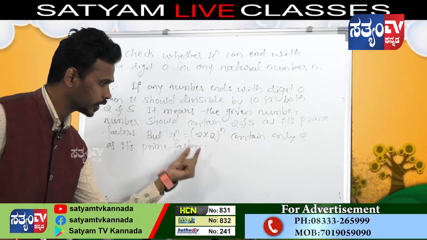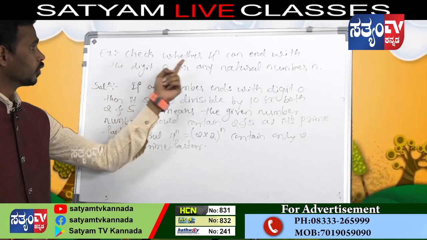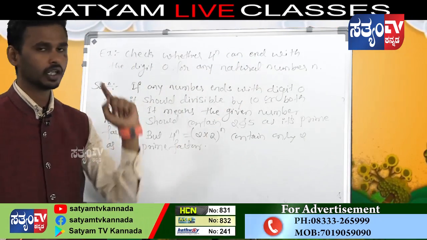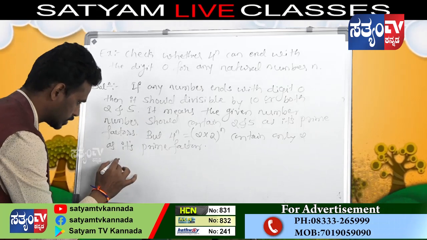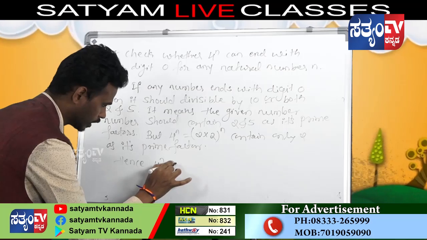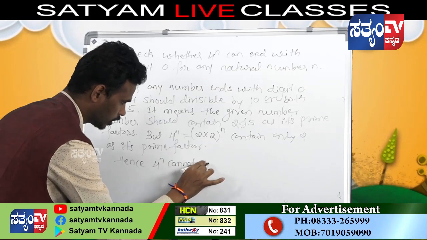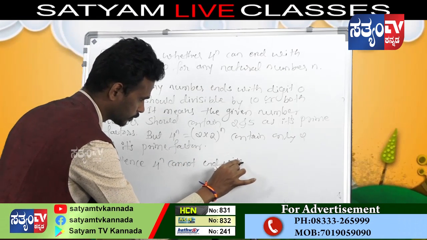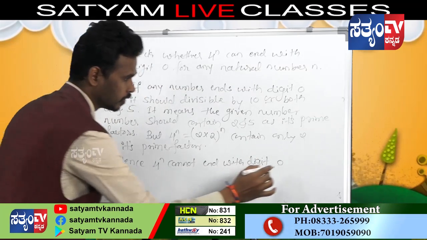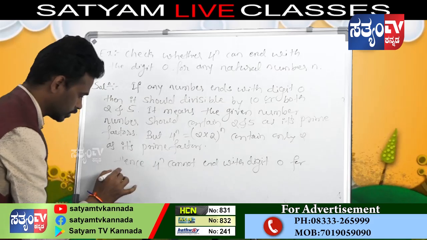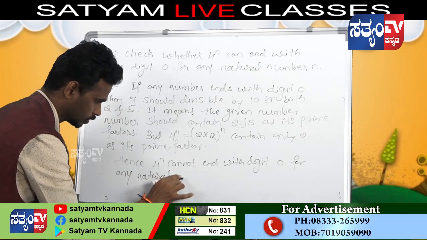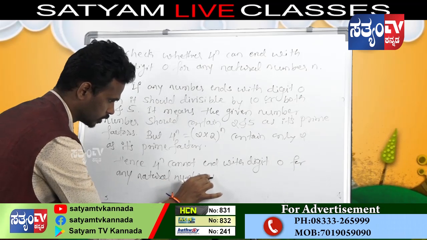So hence we can conclude that 4 raised to n cannot end with digit 0 for any natural number n.